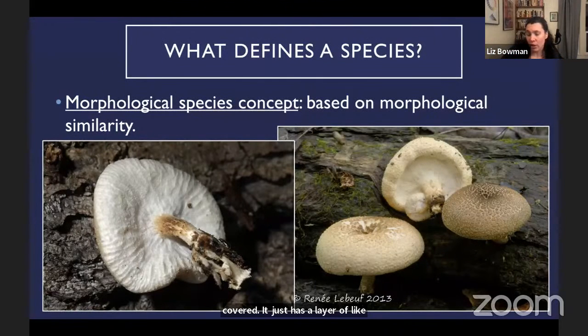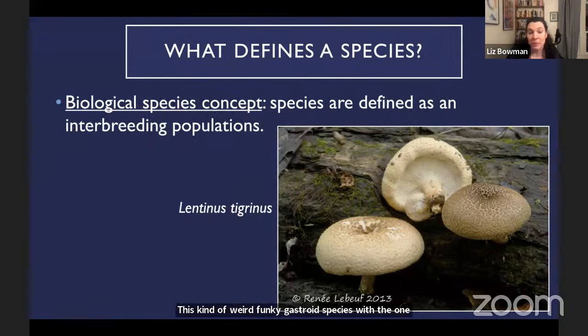For a long time, this was classified as a different species, even in a different genus, based on morphological characteristics, which, I mean, I would have classified it completely differently. But they figured out that they could actually mate this funky gasteroid species with the one with gills, and so it seemed like it was the same species.